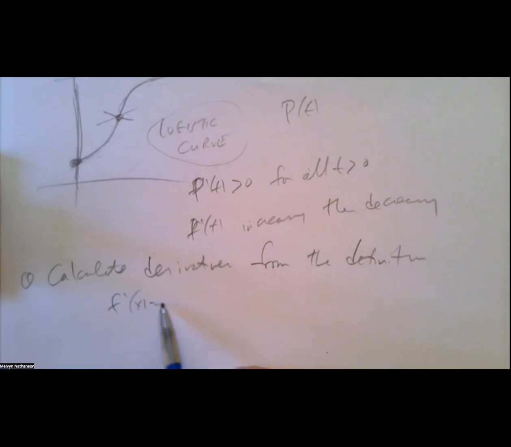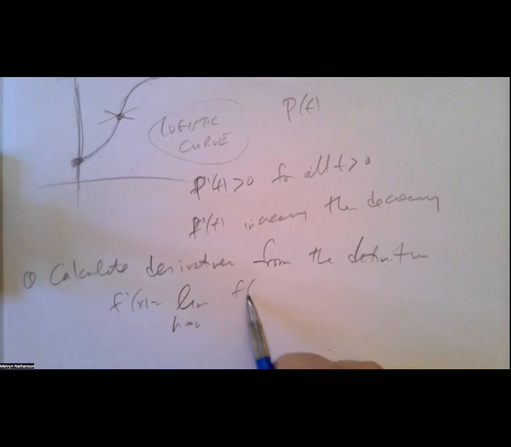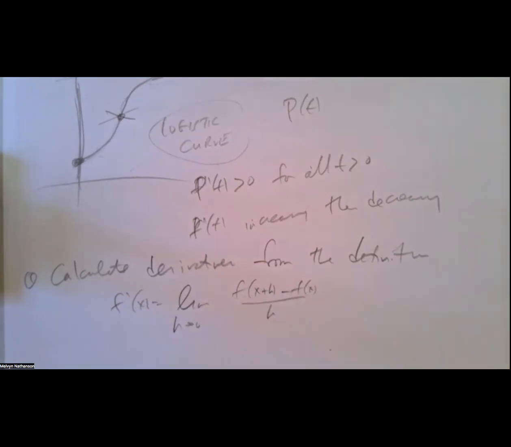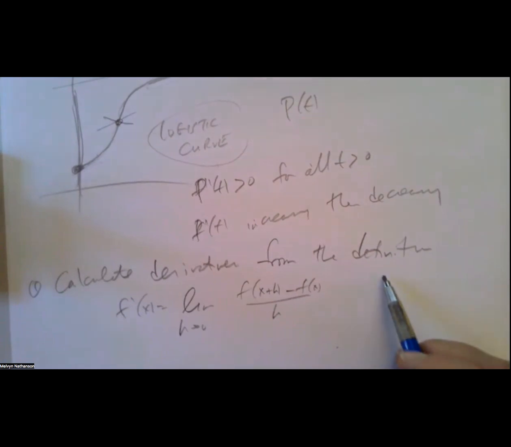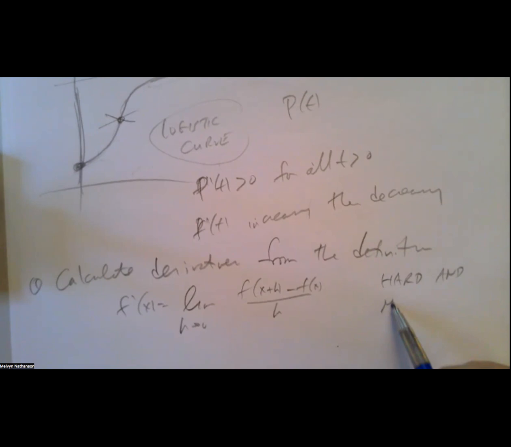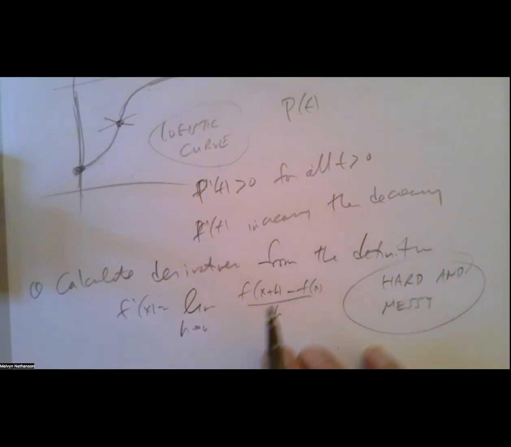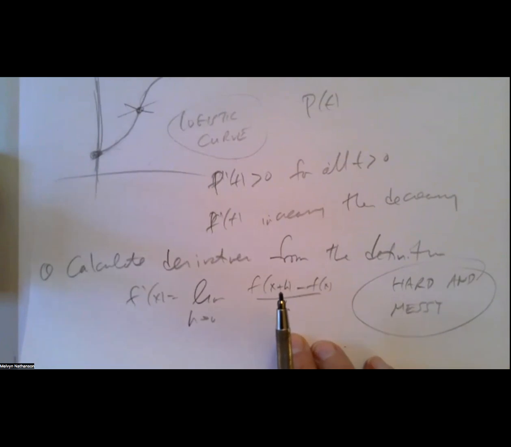F prime at x is the limit as h goes to 0 of f of x plus h minus f of x over h. And this is a necessary skill to learn, but in general, this is hard and messy. So it would be useful to have some rules to speed up the process.